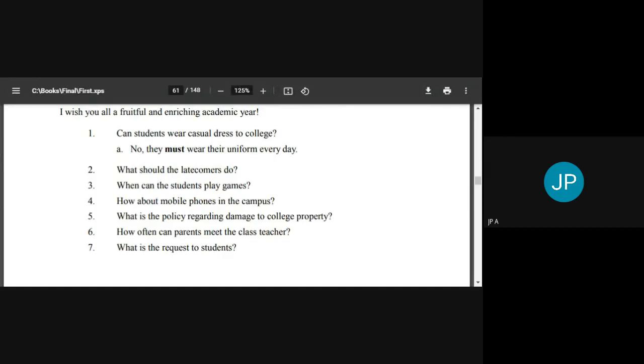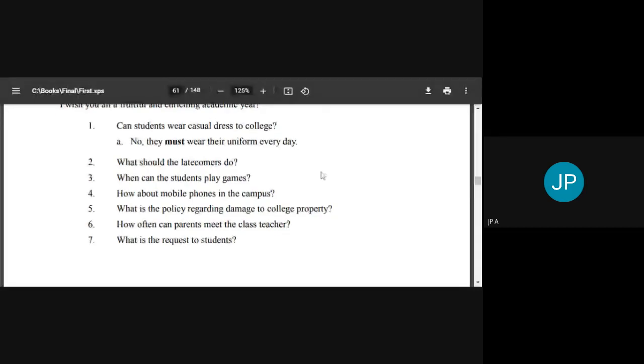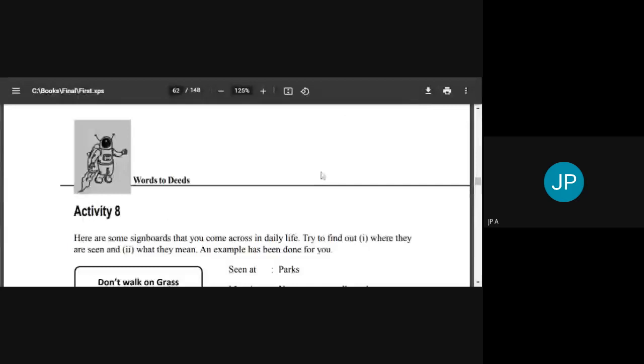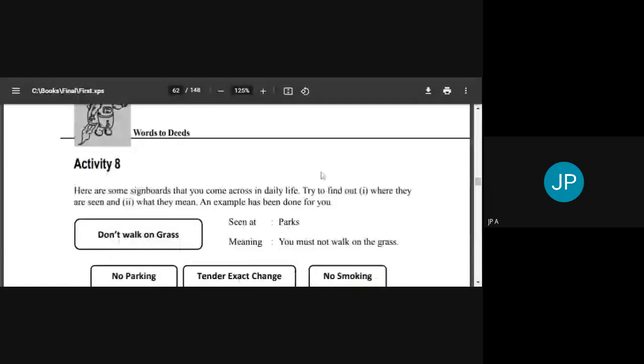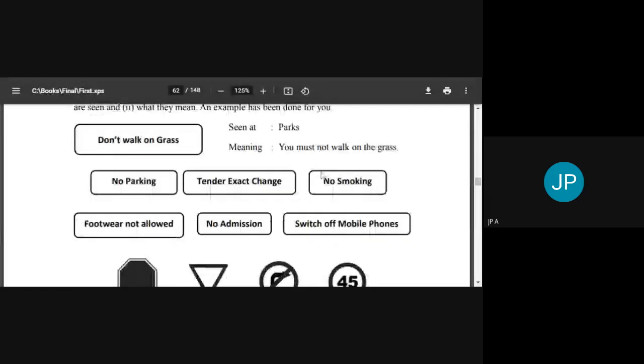Let's now move on to some other kinds of instructions which you usually find when you are traveling. When you travel, you may see many signboards. These are some signboards.